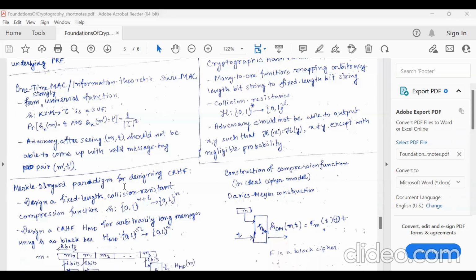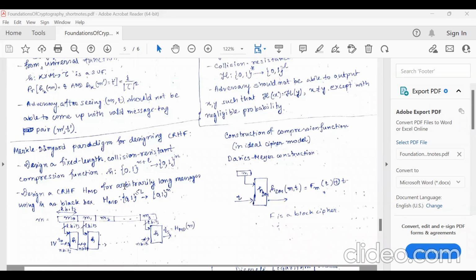Now, how do we construct a cryptographic hash function? Basically, if you have some fixed length collision resistant compression function, which takes input of some length, say n plus l, and compresses the output to some smaller length, say n, then with such a function available to you, you can design a collision resistant hash function for arbitrarily long messages.